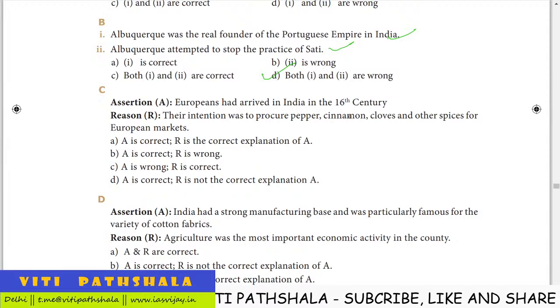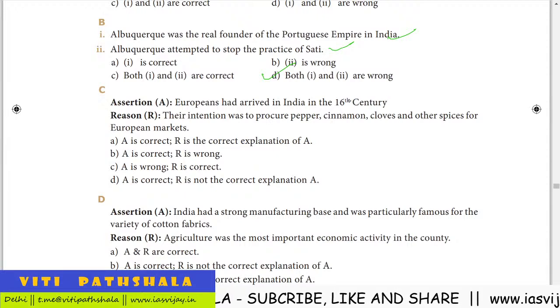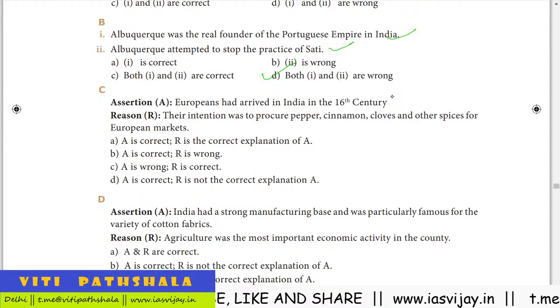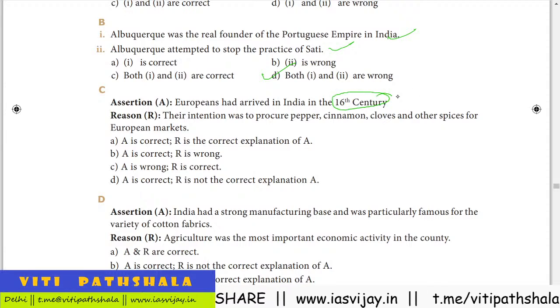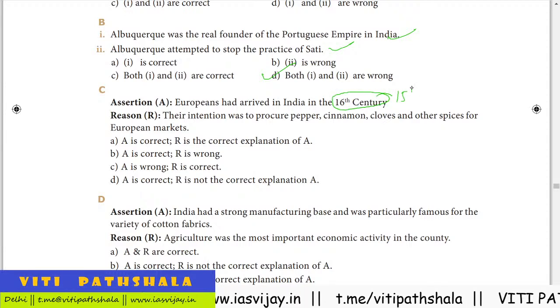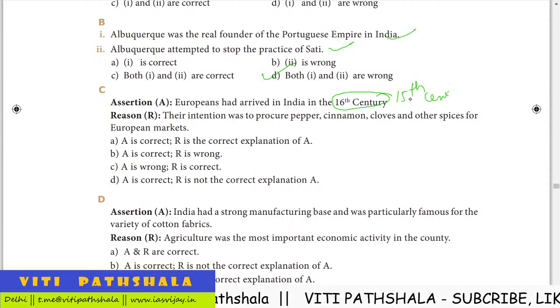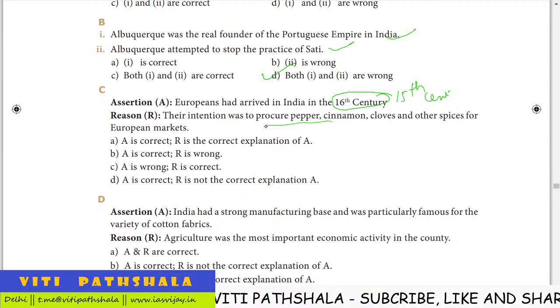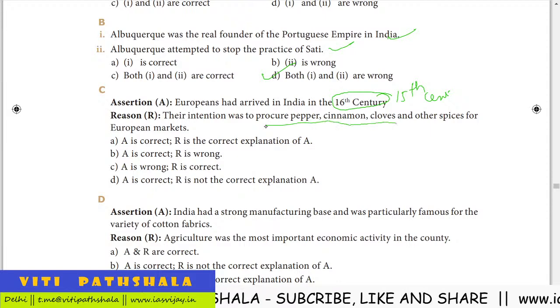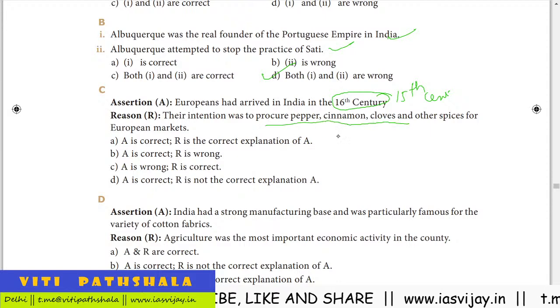Yes, this is correct. No, this is wrong. Europeans had arrived in India in the 15th century. Portuguese 15th century में आ गए थे. Their intention was to procure pepper, cinnamon, cloves, and other spices. Second is correct.